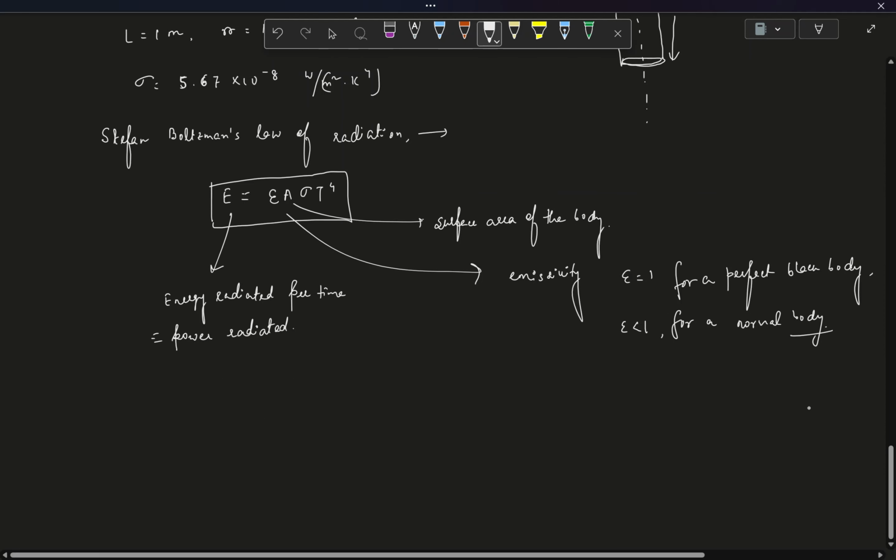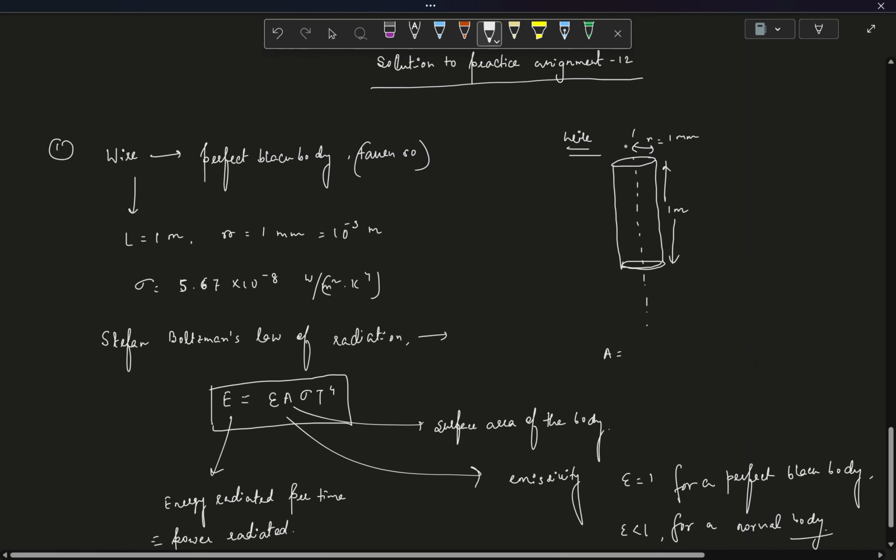And T is the absolute temperature, which is the temperature of the body that is emitting or radiating the power, right? So here you have to know the surface area of the wire, because this is the body that is radiating for our problem number 1. For a cylindrical wire like this, the surface area of a cylinder is just 2 pi r times L. The 2 pi r is from the radial part and L is from the length part.